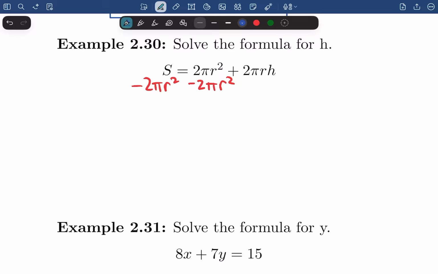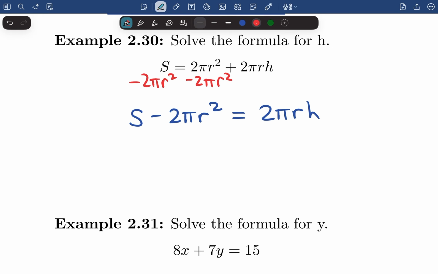Okay, we'll rewrite everything. S minus 2 pi r squared equals 2 pi r h. Next, since we're trying to solve for h, and 2 and pi and r are all multiplying it, we could divide to the other side. 2 times pi times r.